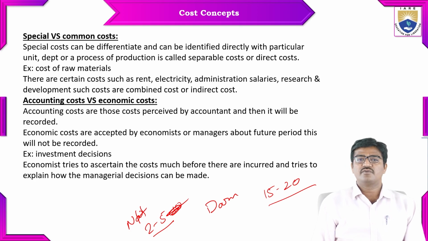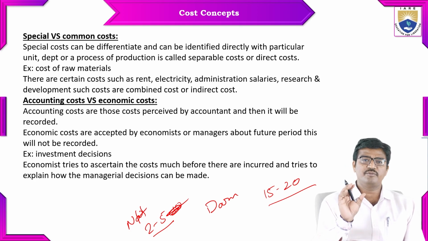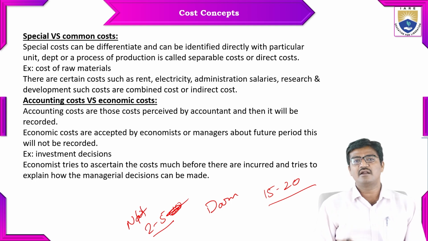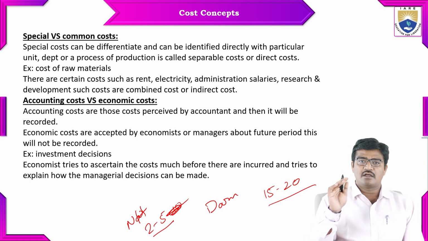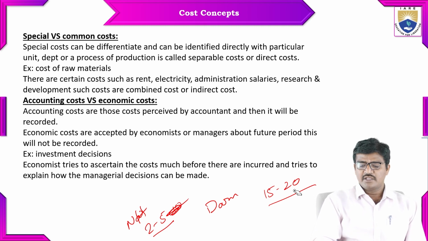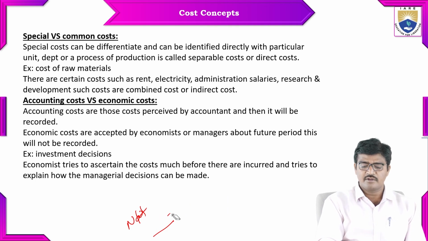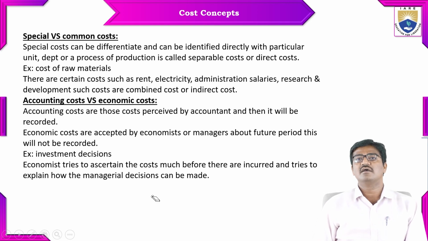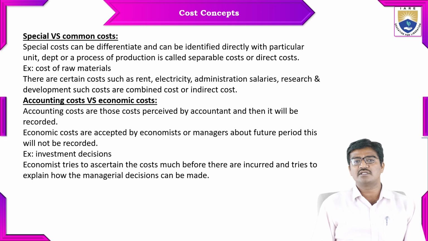While placing the tender, you have to mention the cost of that project, and at that time you have to consider these economic costs. For this, you have to consider the inflation rates of the past and expect future inflation. In this way, you estimate the future costs, and these are called economic costs because they are expected by economists.